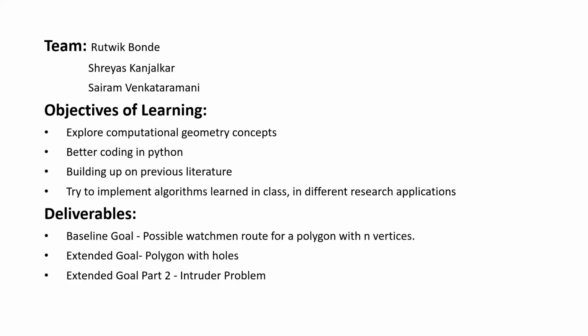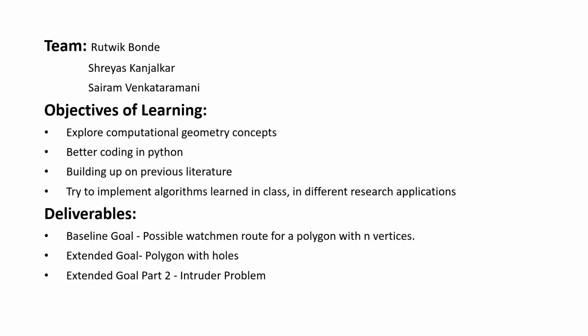And the deliverables: we have three main goals. The first one is an optimal Watchman route in the presence of mobile guards, and the second one is an optimal Watchman route in a polygon with holes, or obstacles, namely.